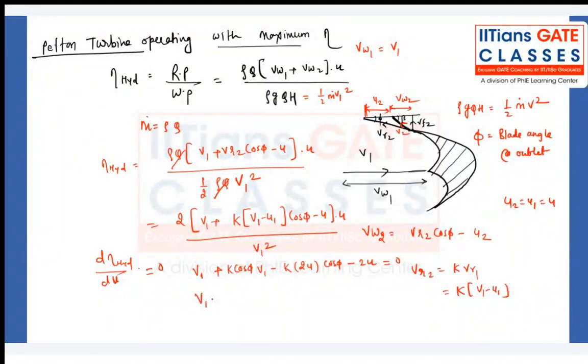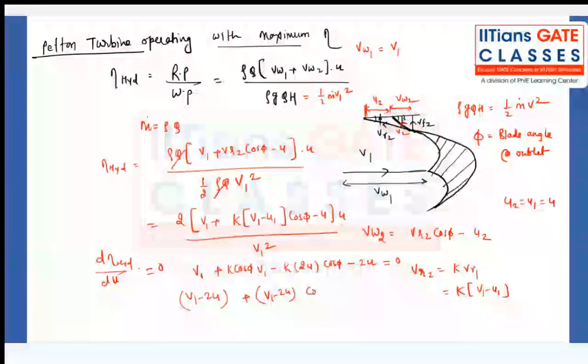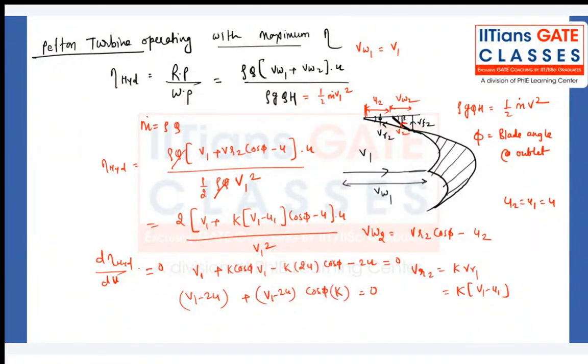From here we can take v1 outside, and here we can write, not like this, v1 minus 2u into cos phi into k, that is equal to 0.